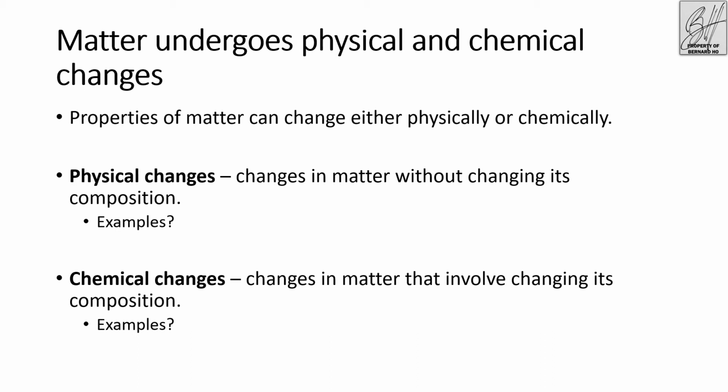The only way to observe a physical property is to observe a physical change. It's by observing a physical change that we are aware of an object's physical properties. For example, we only know that the boiling point, a physical property of water, is 100 degrees Celsius because we observed water undergo a physical change from water to steam.